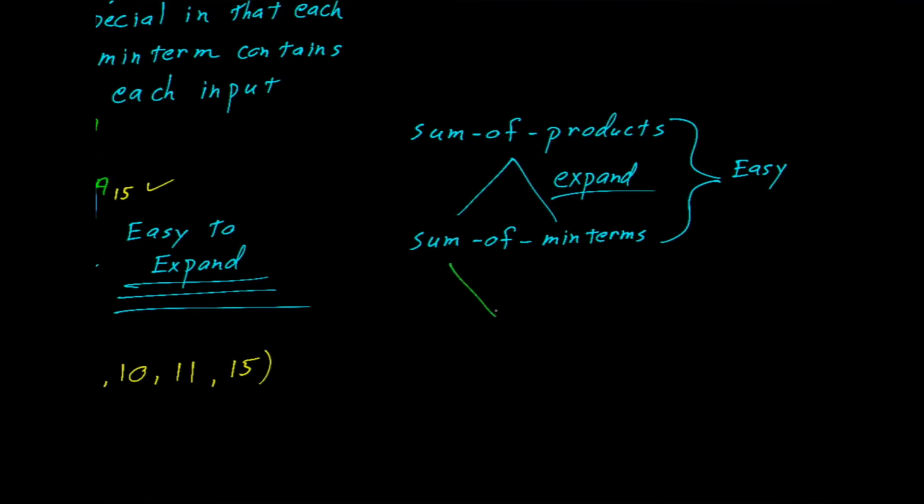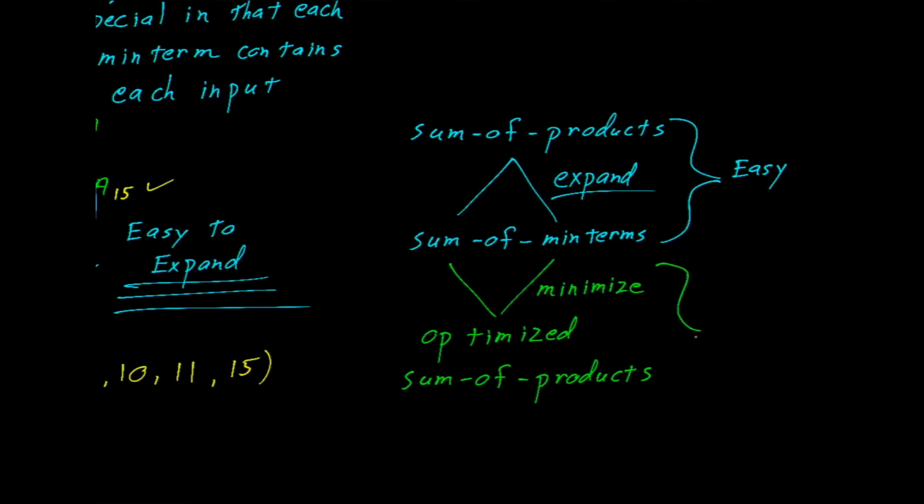But what about the other direction? Suppose we have a sum of minterms and we want to find an optimized sum of products. Well, that might not be so easy.